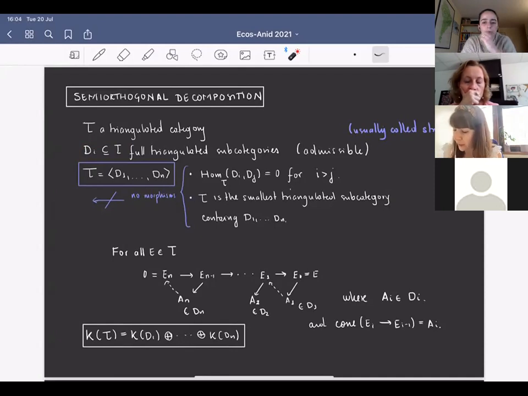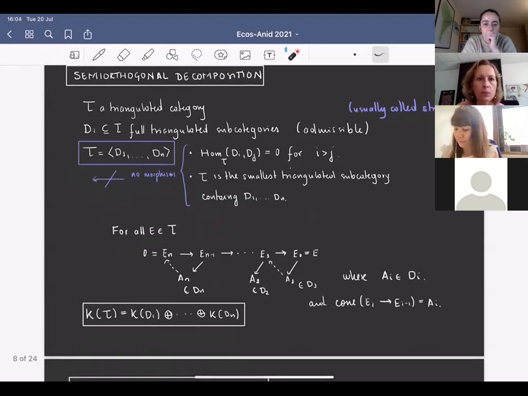And so we say that we have a semi-orthogonal decomposition of T in terms of D_1 to D_n if we don't have morphisms from D_i to D_j with i bigger than j, and T is the smallest triangulated subcategory containing all the D_1 to D_n.